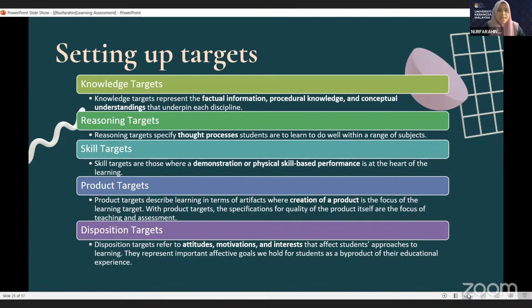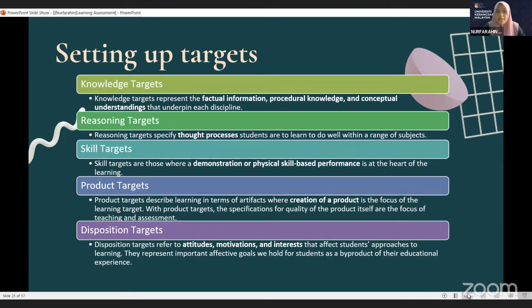This is how we set up targets. So in the second key feature, which is to have a clear target, there are various types of targets that the teachers can set. So the first one is knowledge. Knowledge is where the teachers focus the targets on factual information, procedural knowledge, conceptual understandings.